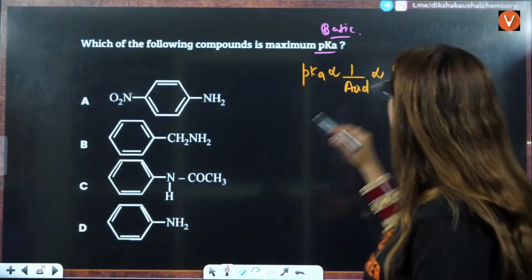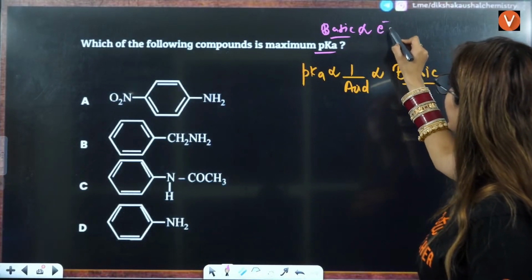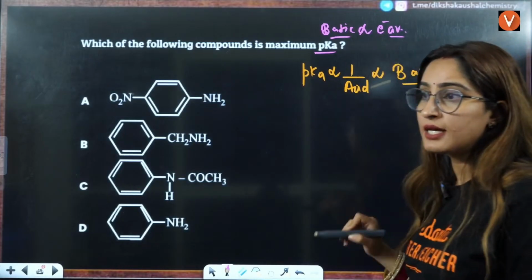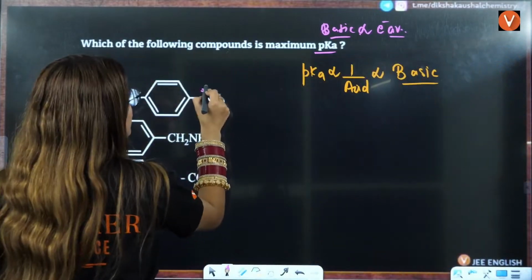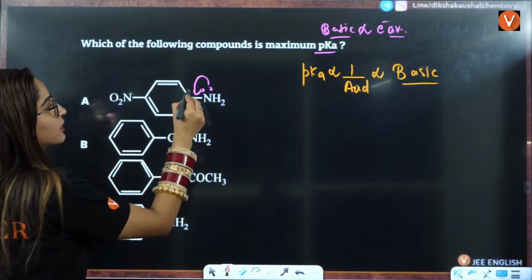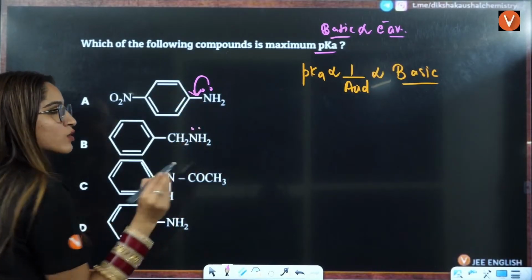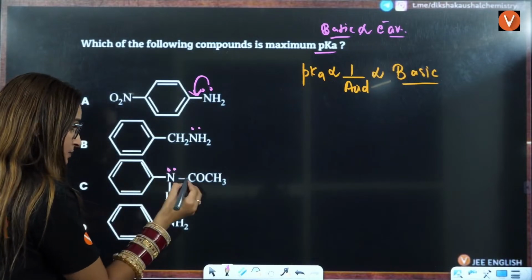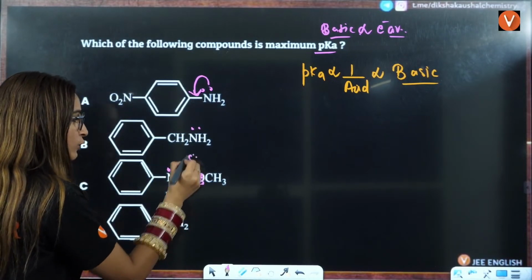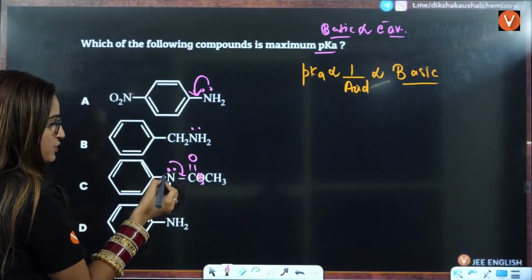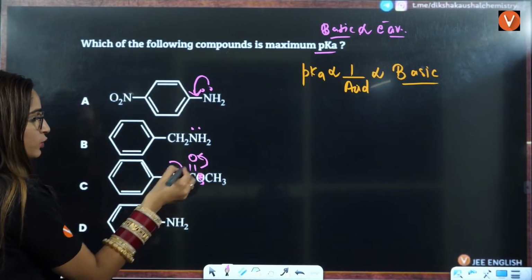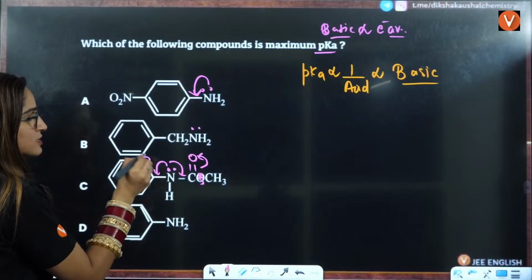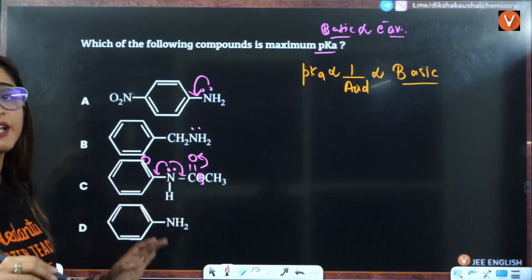So we know that basic character is directly proportional to electron availability here, right? If you see here, the electrons are involved in the delocalization. Here the electrons are not involved in the delocalization. Here the electrons are involved in the delocalization on two sides. Either to this side or to this side. This is definitely not available.